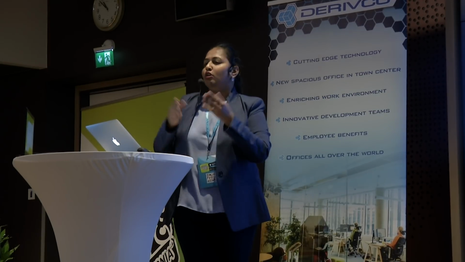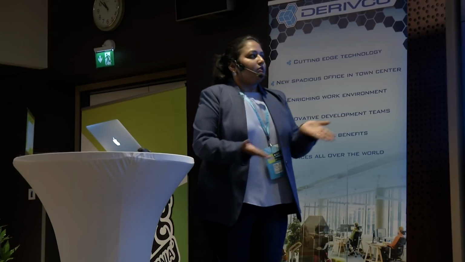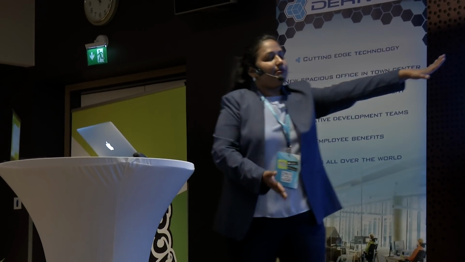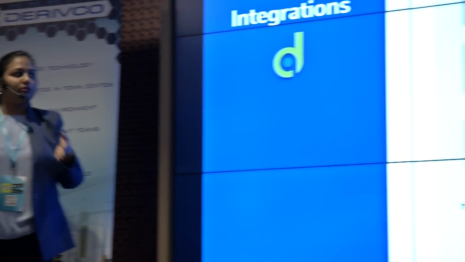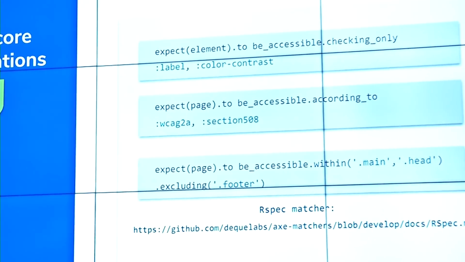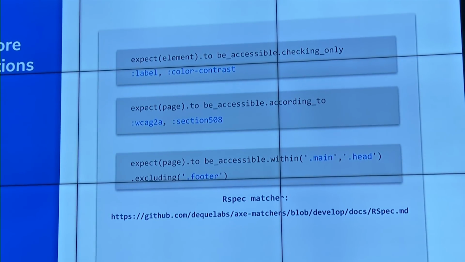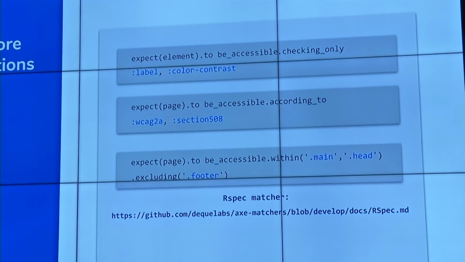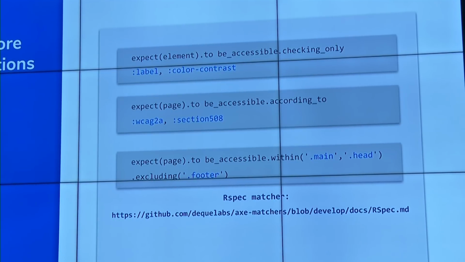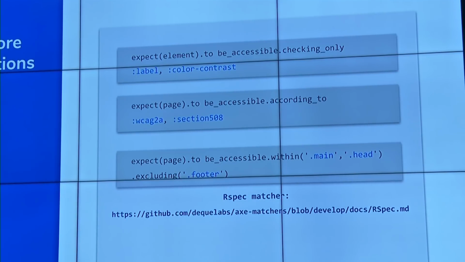I was talking about focusing on what you want to test. In these couple of examples, first I'm just expecting one of the elements to adhere to color contrast and check its label. In the second example, I'm just saying, check for the entire page to adhere to WCAG 2.0 or Section 508. In the third example, you get the idea by now.